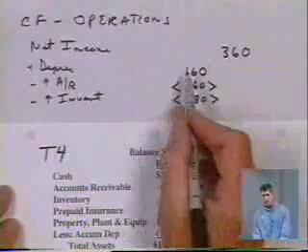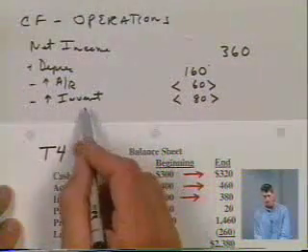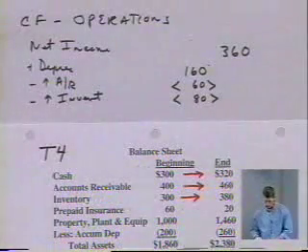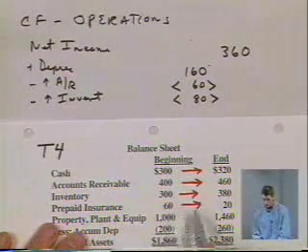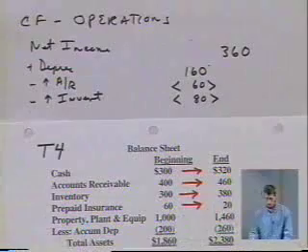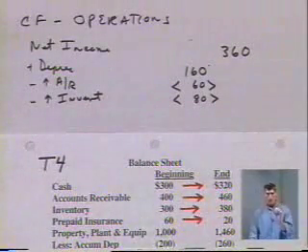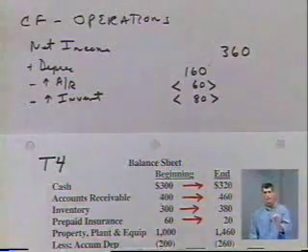So we added back depreciation, then subtracted out the increase in receivables and the increase in inventory. Next, we go to prepaid insurance. Prepaid insurance decreased from 60 to 20. The way to think about that decrease is it's as if we sold that insurance to somebody else.